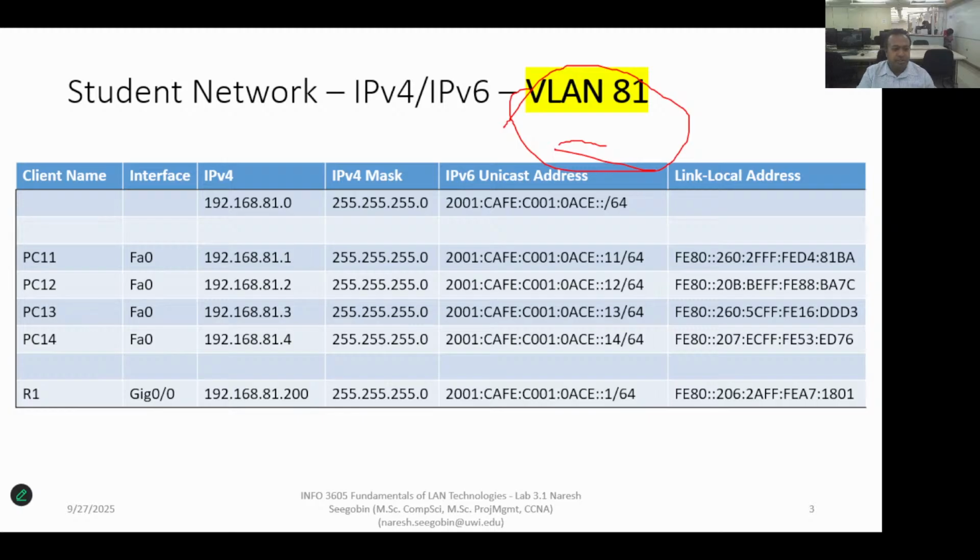Again, you put your IP. What's happening on top here, you'll see this top block doesn't have a client name or interface. I just put that in there to demonstrate the network ID, which is the IPv4 address in front, the mask, and then the IPv6 unicast.